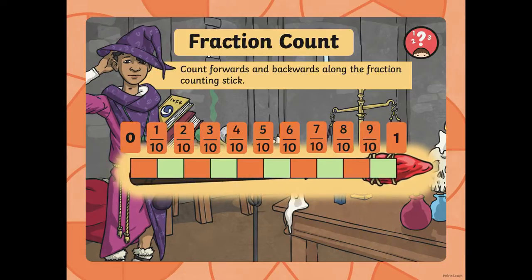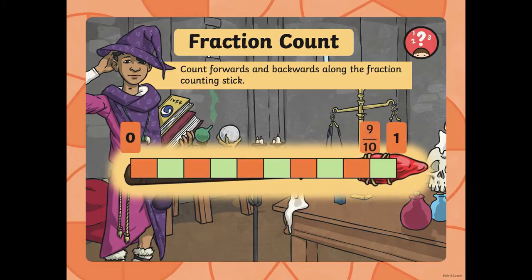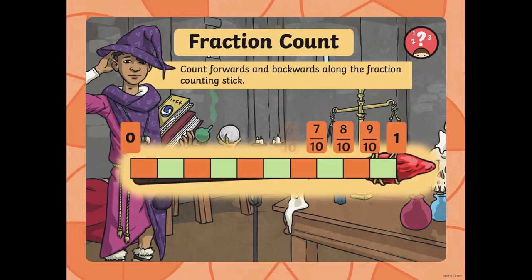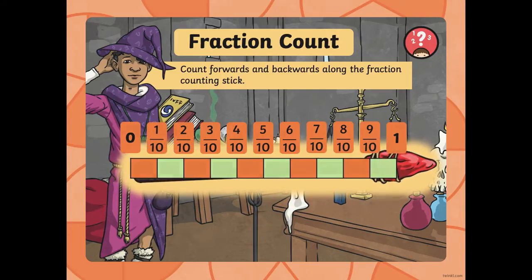And then obviously it would be 10 over 10, which makes 1 whole. And back down the line again, 9/10, 8/10, 7/10, 6/10, 5/10, 4/10, 3/10, 2/10, 1/10. Okay?